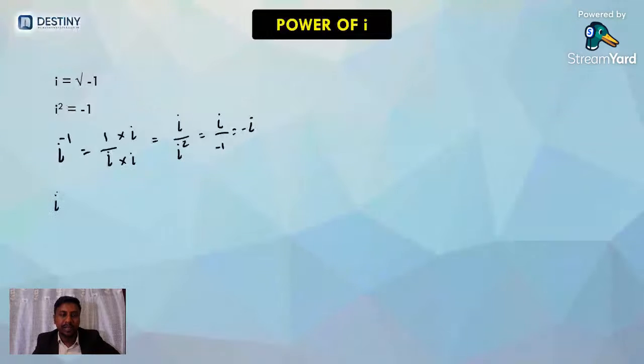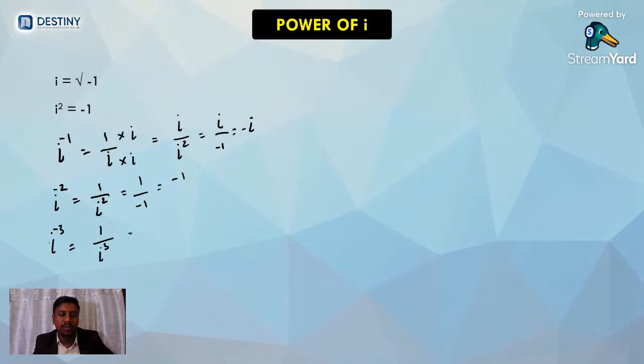So i power minus 2 will become 1 by i square. So 1 by minus 1 is equal to minus 1. i power minus 3 will become 1 by i cube, actually 1 by i square into i, will become 1 by minus i.